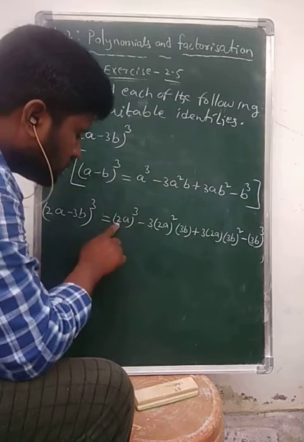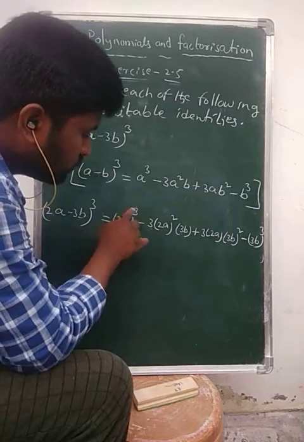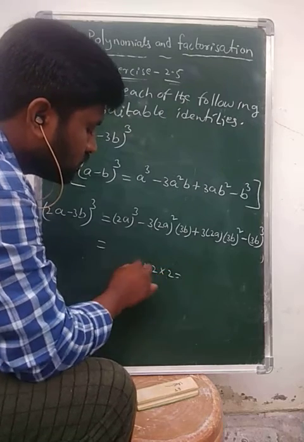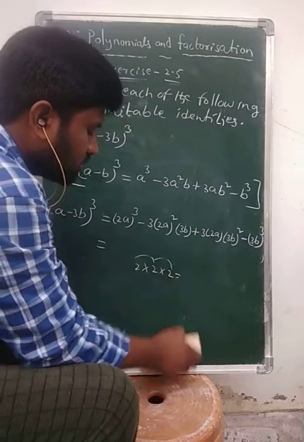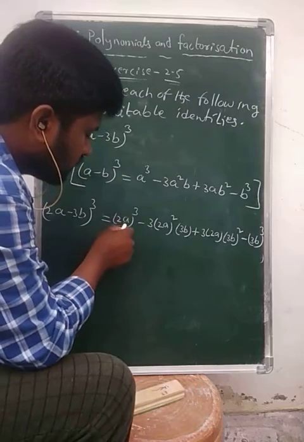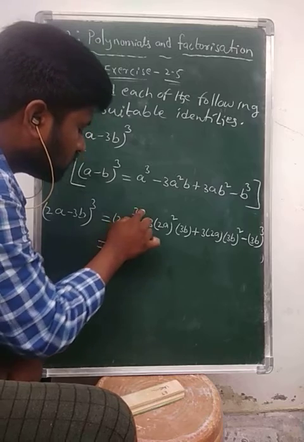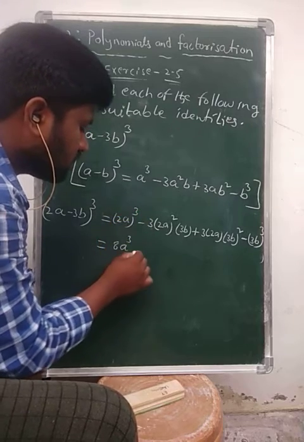Now see 2 cube means 2 raised to the power 3, 2 ni 3 times, 2 2s are 4, 4 2s are 8. Okay na? So (2a) whole cube means separate ga 2 cube ante 8 vastundi, a whole cube means a cube.